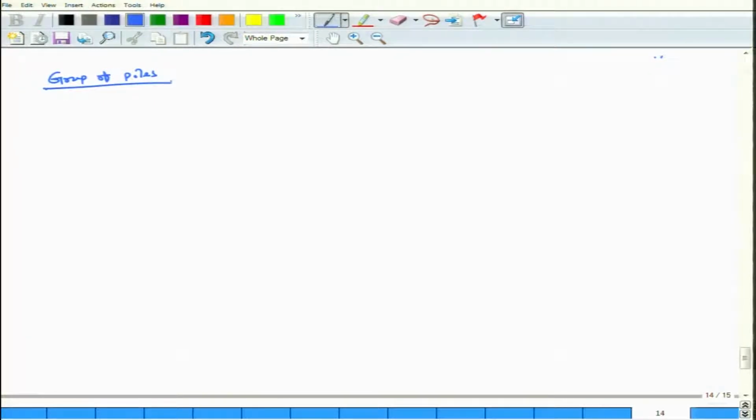For a group of piles, there are two cases to be considered. First one, as a single pile failure, negative skin friction, and second one, considering as a block shear failure.